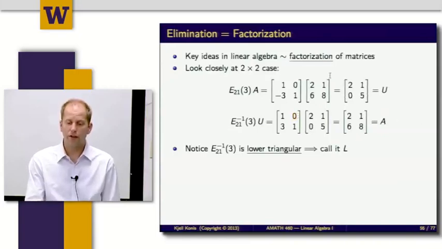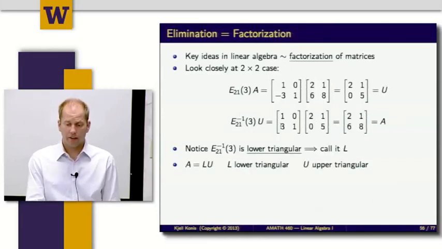So E21 operates on A to give me U, and E21 inverse operates on U to give me A back.